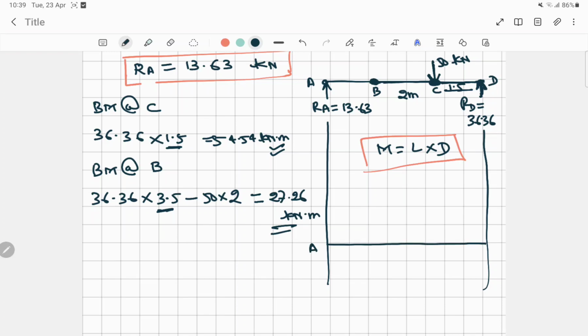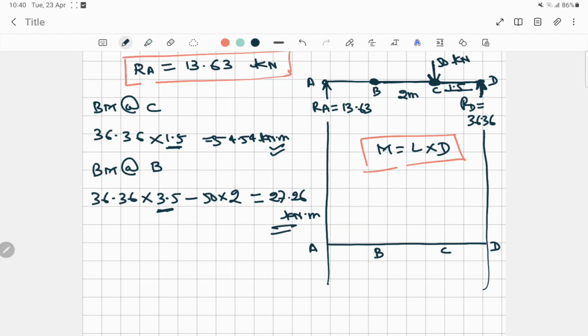Okay, now we'll draw a bending moment diagram. So here at A, and this is B, C and D. So here B is 54.54 and C is 27.26, right? So A, B, C, D, A, B, C and D, right? So here C is maximum, right?